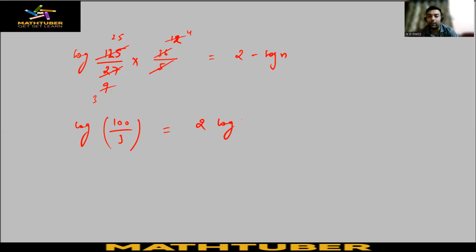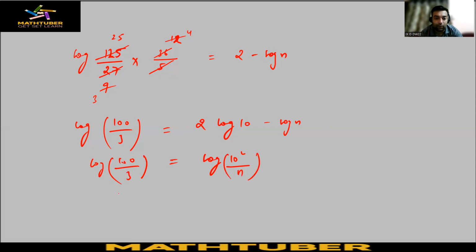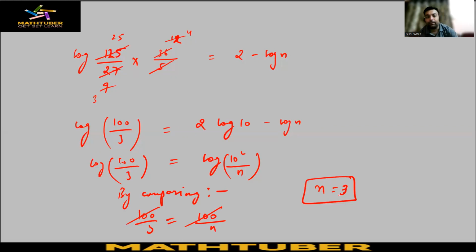If we want to convert it into log, it can be written as log 10 square, because log 10 is always 1, and minus log n, and this can be written as log of 10 square upon n, which is equal to log of 100 by 3. And since the logs are same, by comparing, 100 upon 3 should be equal to 100 upon n. So this 100 will get cancelled, and the answer of n will be equal to 3 here. Right, so this is how we have to find the values here.